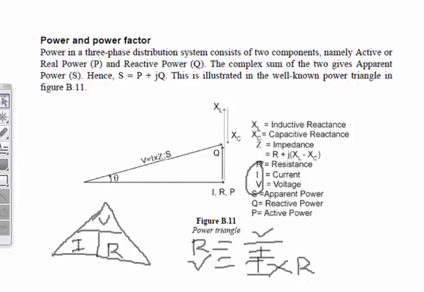S, again, is your apparent power, Q is the reactive power, and P is your active power.